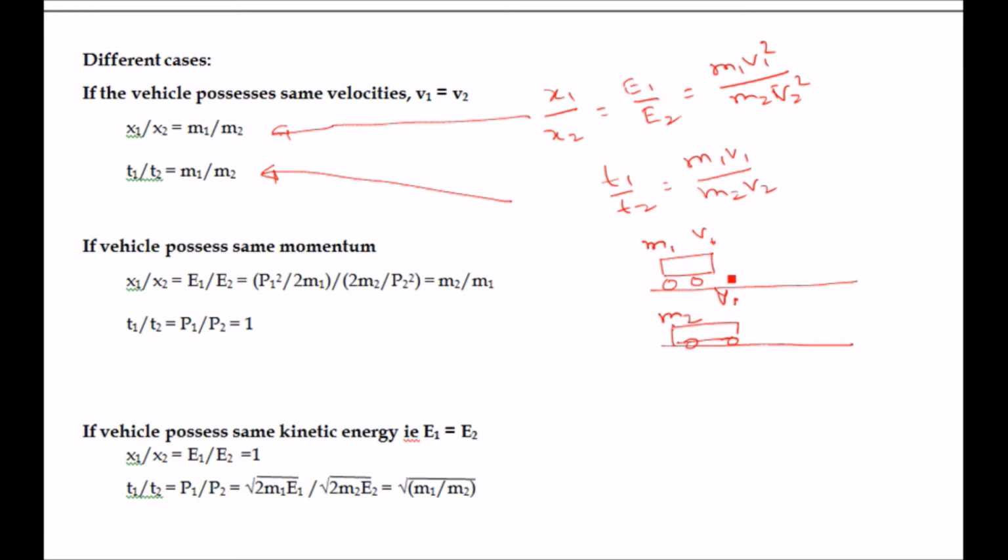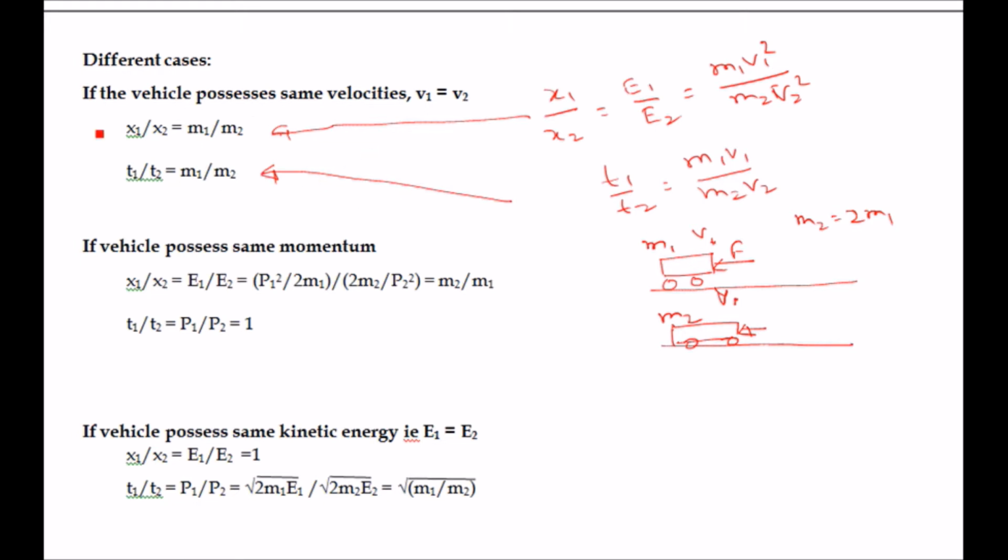Both are subjected to the same force F. Then the ratio of their distance is equal to m1 by m2. Suppose m2 is twice the mass of m1, then it will take twice the distance to stop and twice the time to stop with respect to m1.